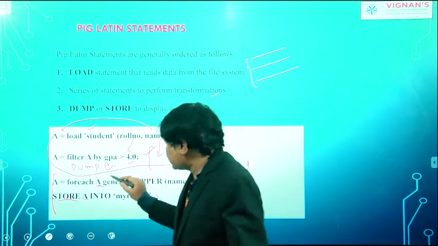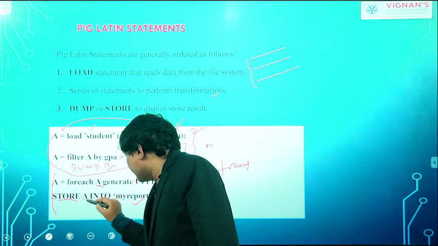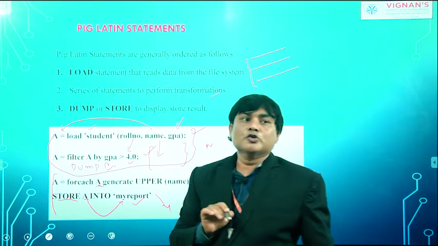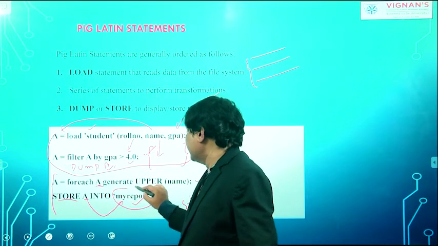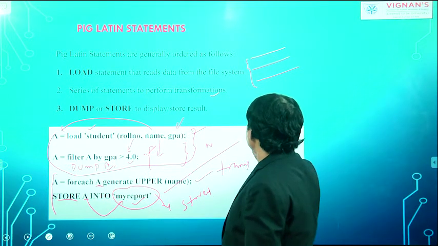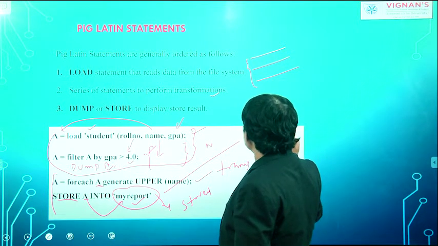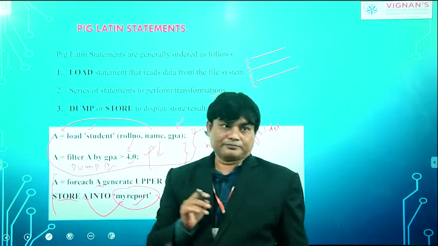Okay, and this transformation result that you have in A must be stored into the folder which is called my report. My report is the name of the folder. So in this folder only, we are going to store the results of A.